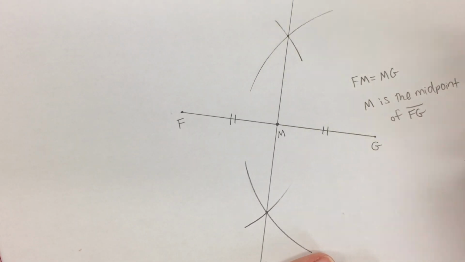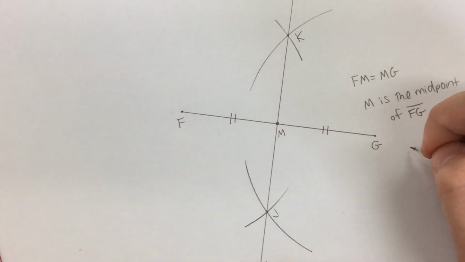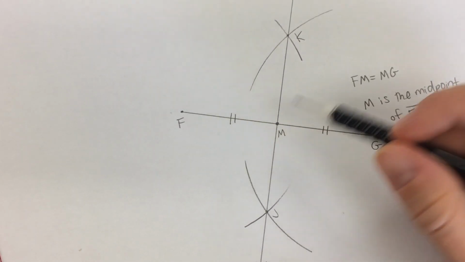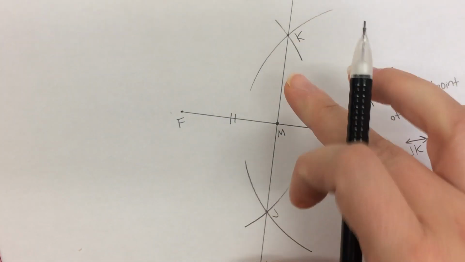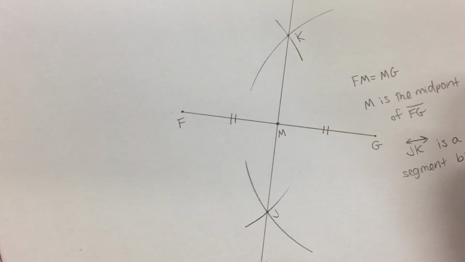And let's call this line JK. We can say that line JK, or we could also say ray MJ or ray KJ, any of the pieces of this full line that include M, is a segment bisector for line segment FG.